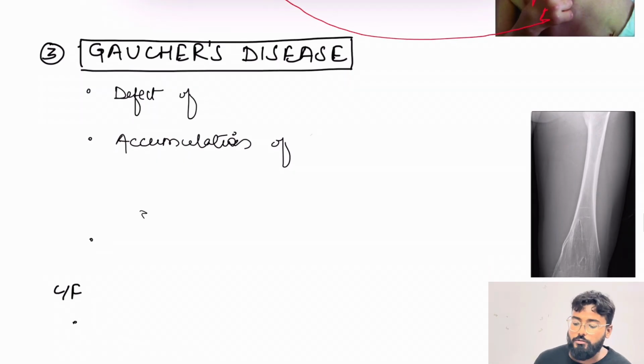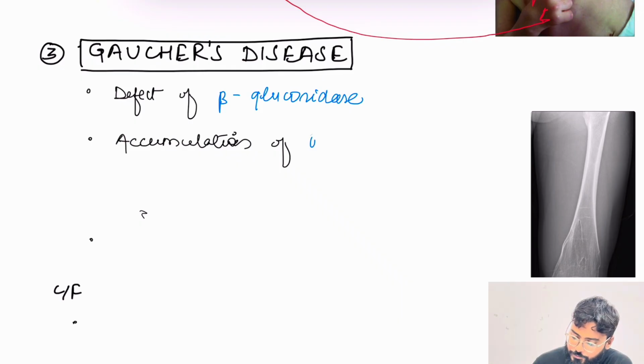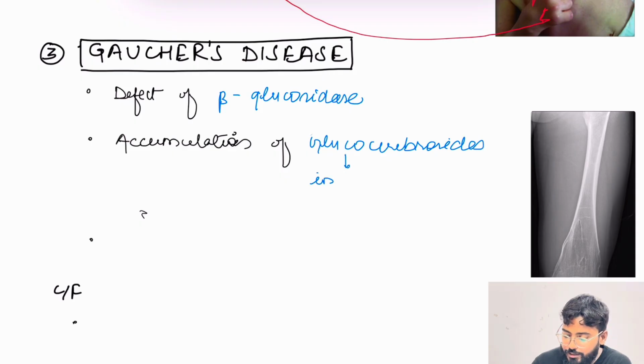Next one is Gaucher's disease. There is a defect in the enzyme beta glucosidase. So there will be accumulation of glucocerebrosides, that too in extraneural tissue.